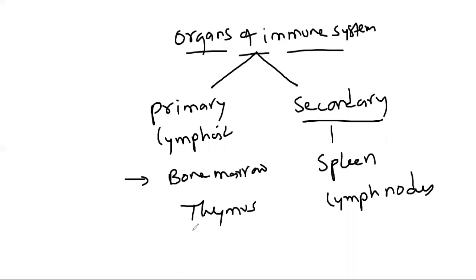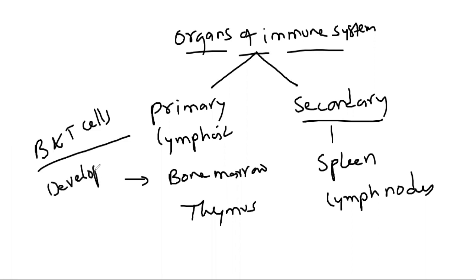Now here, what are these organs? How they are involved in the development of immunocompetence, we'll see one by one. Primary lymphoid organs are those where the B and T cells develop into antigen sensitive cells.